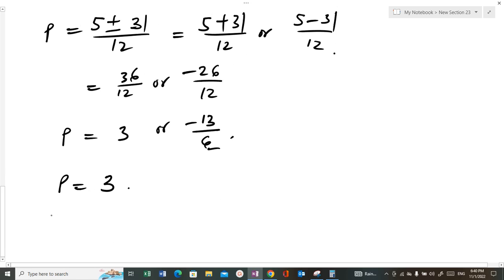So we'll now say, since p is equal to 2 to the power x, then 2 to the power x is equal to 3.